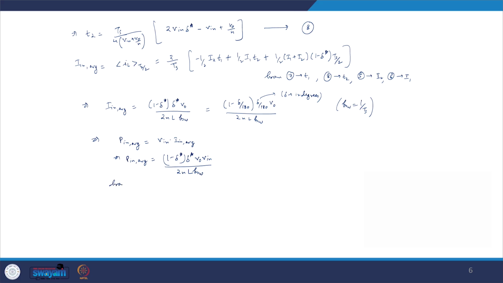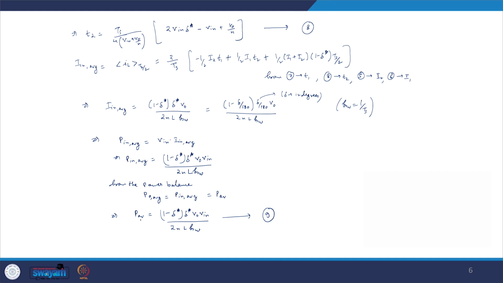Now from the power balance, we can write that P naught average, the average power at the output, is equal to the average power at the input, and we define that term to be P average, the average amount of power being transferred. So the average power transfer is (1 minus delta star) times delta star times V naught V in divided by 2 L FSW. Let us define this as equation number 9.